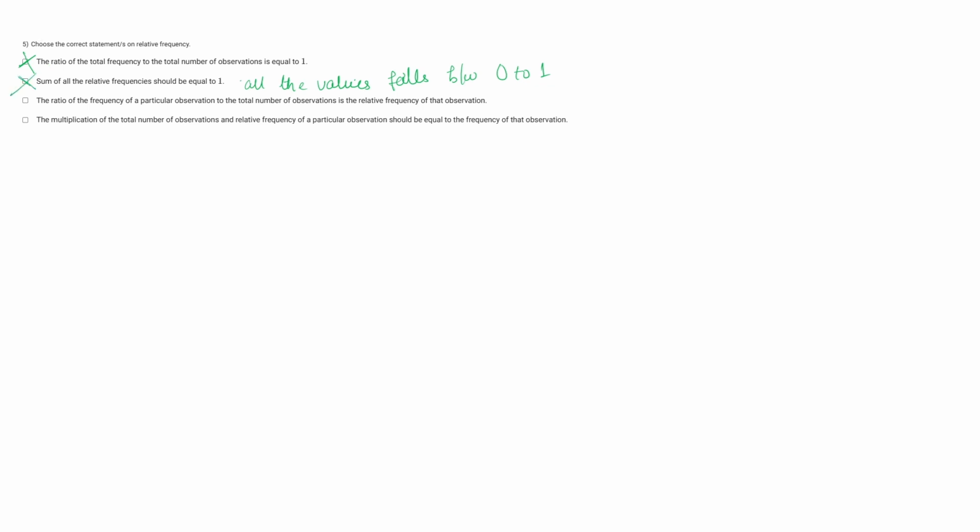Now let's see the third one. The ratio of the particular observation to the total number of observations is the relative frequency of that observation.